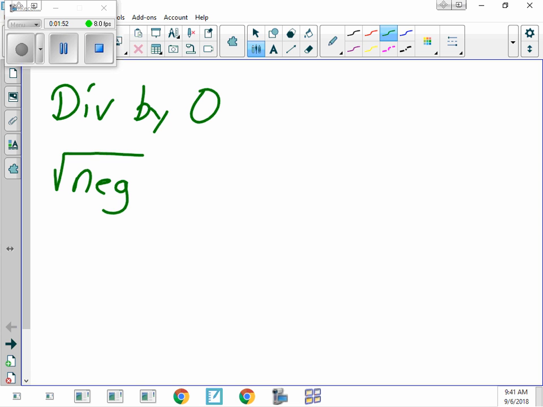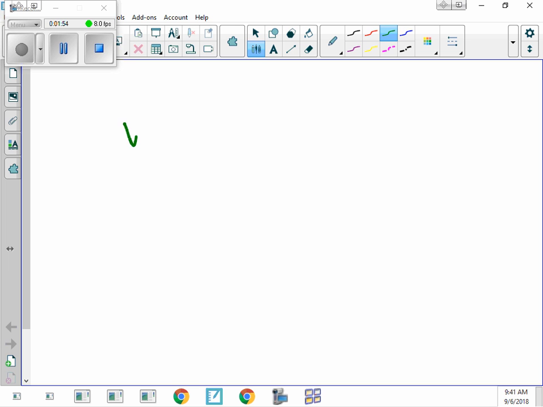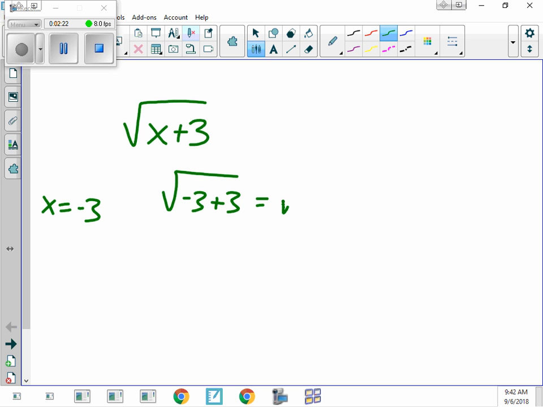Okay? So if I had the square root of x plus 3, are there any numbers I can't plug into that equation? I can plug in 3, negative 3. And actually, negative 3 does work. So what happens when x equals negative 3? Plug it in. The square root of negative 3 plus 3 is the square root of 0.